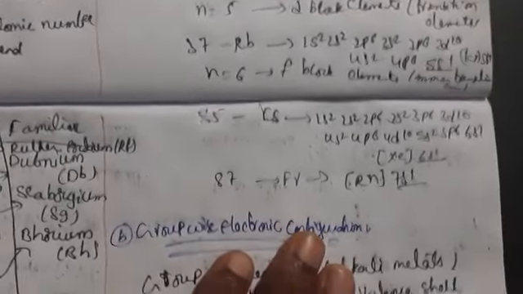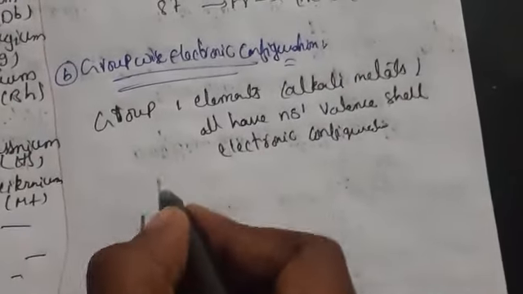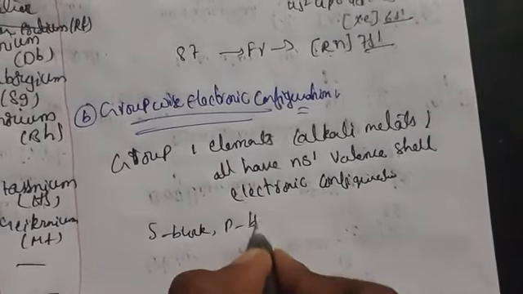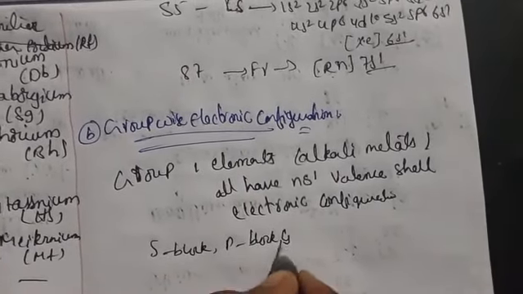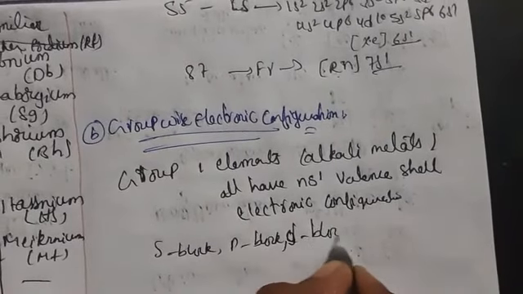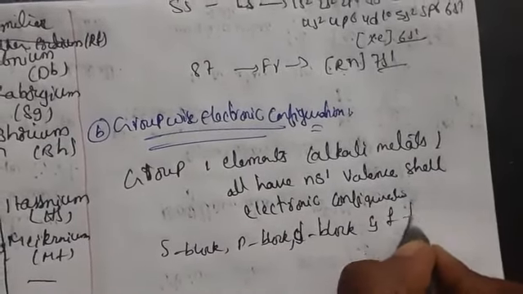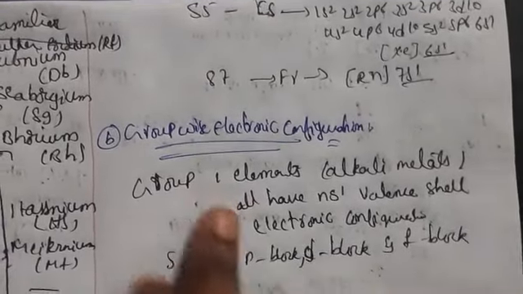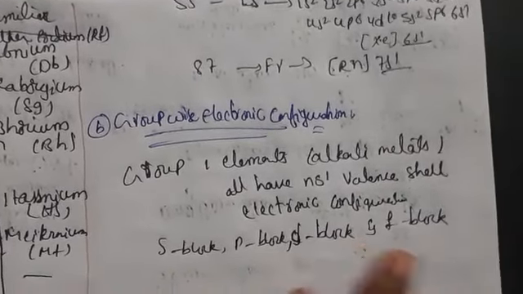We can classify these elements into 4 blocks: s block, p block, d block and f block. We classify them depending upon the type of atomic orbital filled by the last electron.